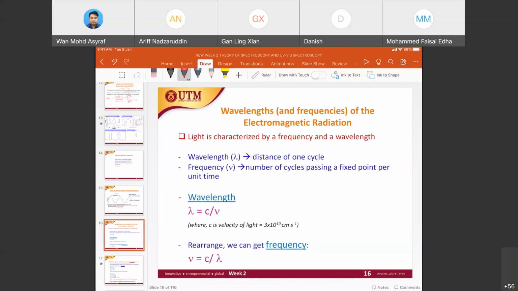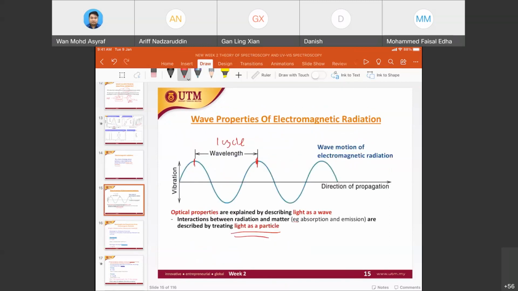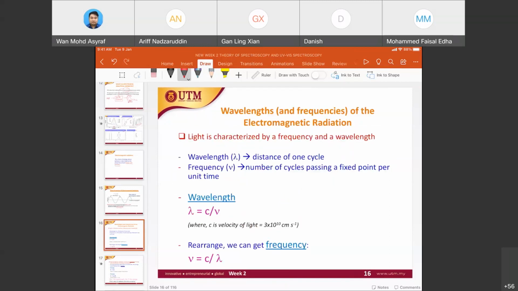Frequency is the number of cycles passing a fixed point per unit time. The formula for wavelength is wavelength equals c, the speed of light, divided by v, the frequency.